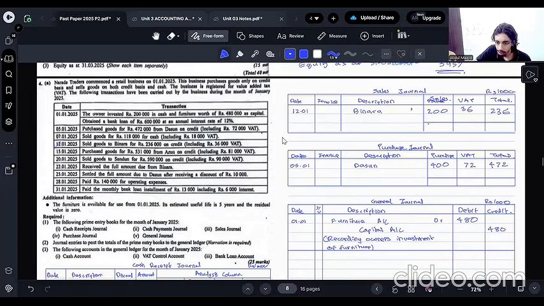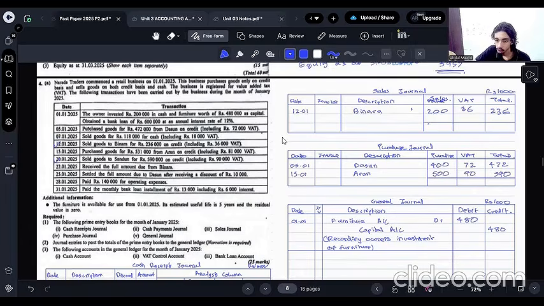Then next, on 15th of January, purchase goods for 531 from Arun on credit. So on 15th of January, you are purchasing from Arun for 590, including VAT of 90. Then the purchase value will be 500.